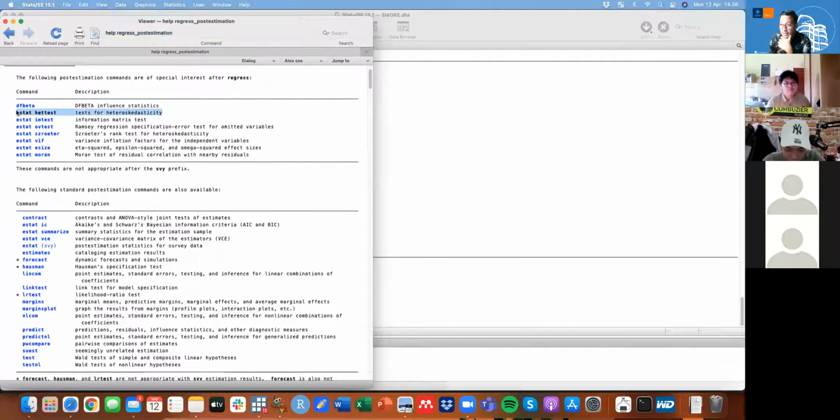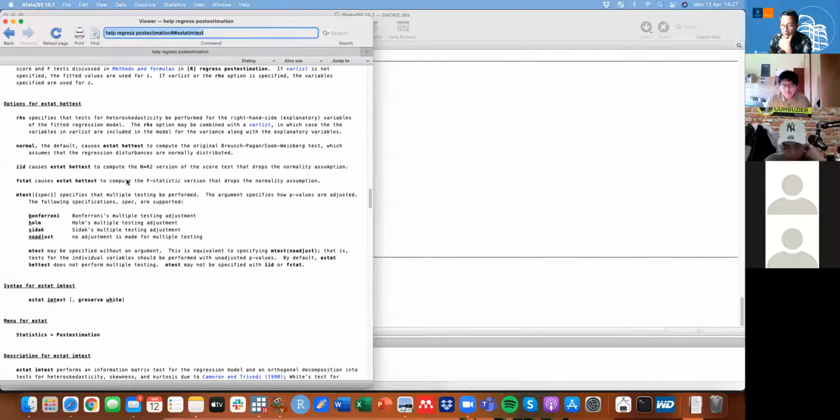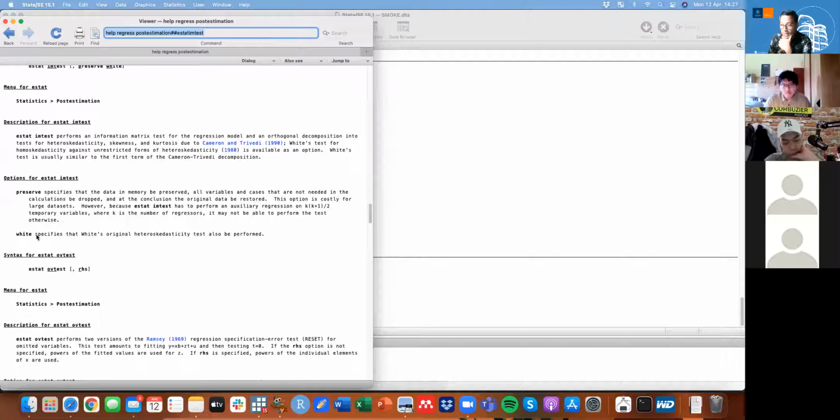The first one is the estat hettest. If you're interested in the variance inflation factors, the VIF provides information to identify whether or not there is multicollinearity. But the second one that we're interested in is the information matrix test, and with the information matrix test we can identify White's heteroskedasticity test.